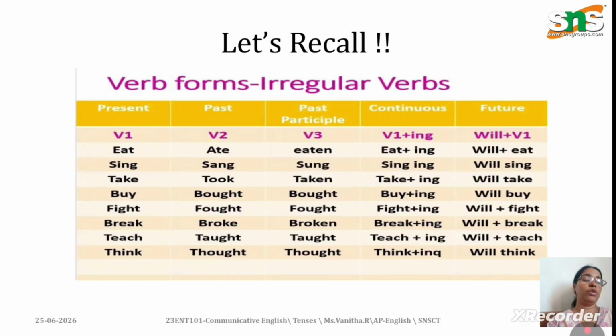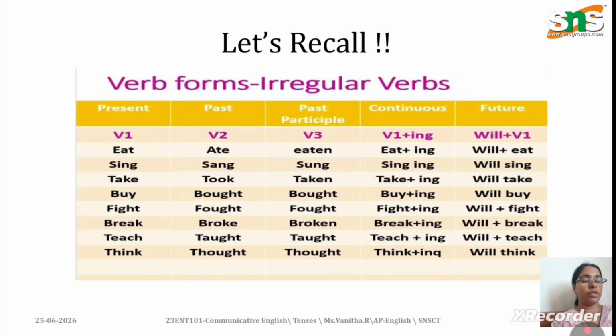Okay, then continuous tense. What is this continuous tense? Continuous tense is something which ends with ing with the action word. So eat plus ing, eating, that denotes that the action is still in progress. So in continuous tense, the action word will end with the ing form of the word. And future tense.